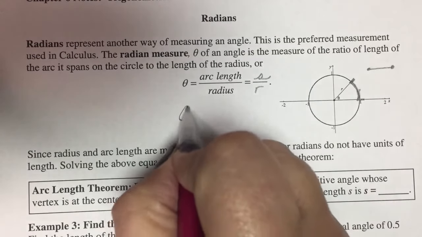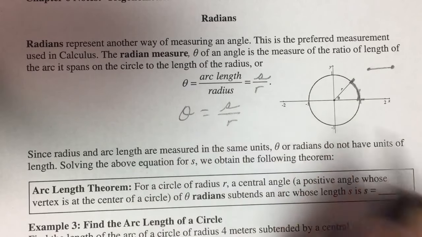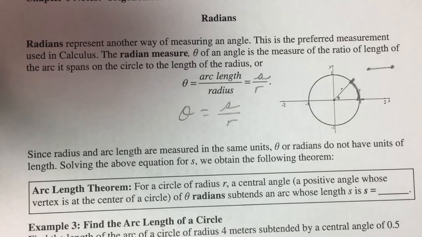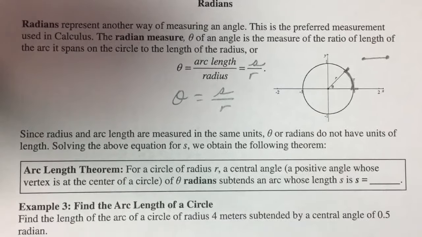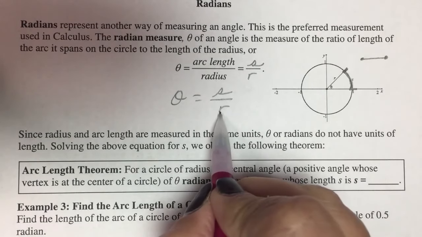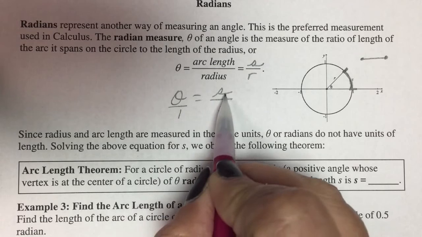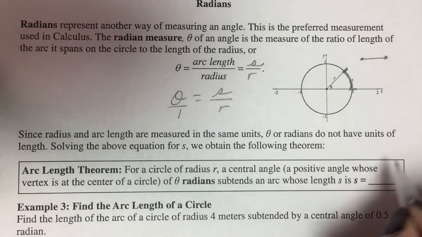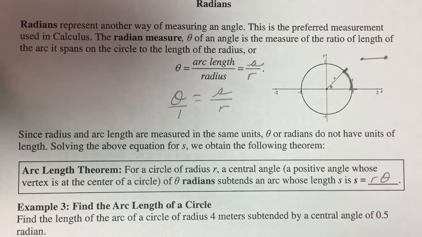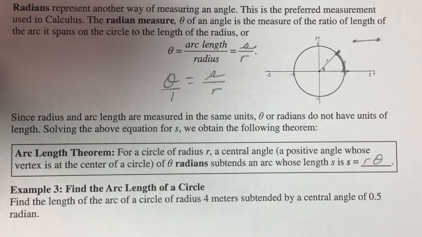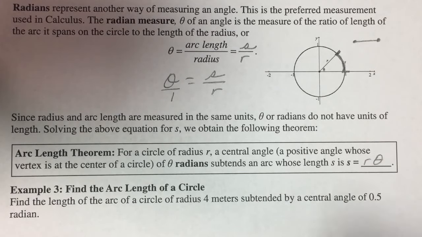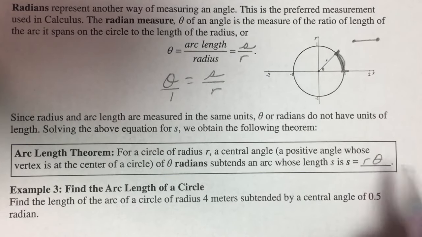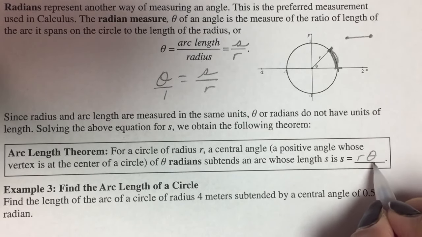If I just take theta equals s over r and cross multiply, I get s equals r theta. And that is our formula for arc length. That will tell you how long this arc is. Something you have to make sure that you understand is that your theta always has to be in radian measure.